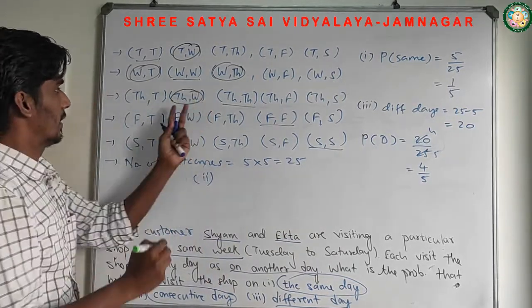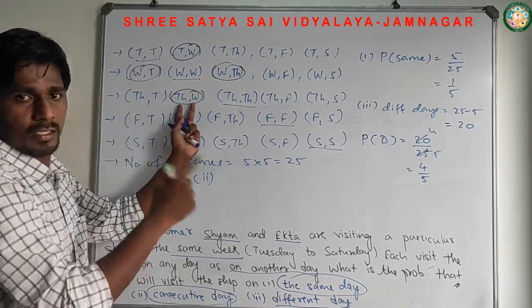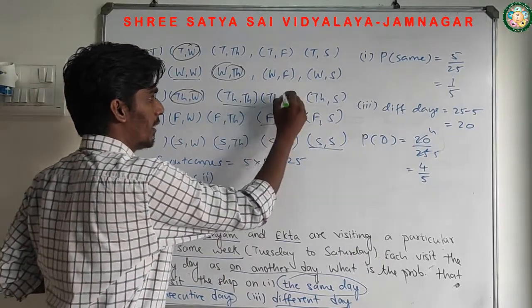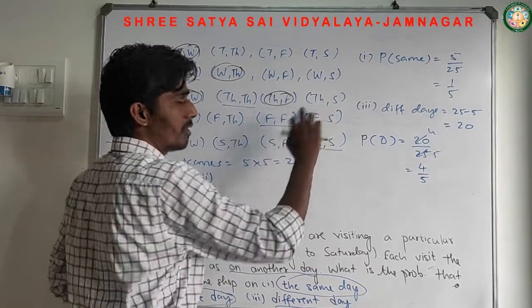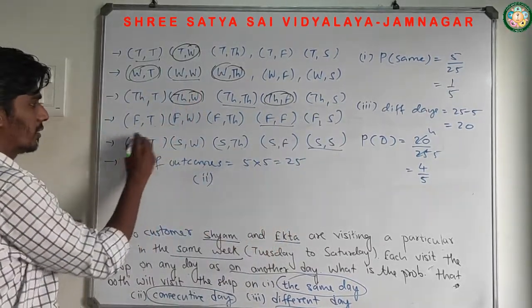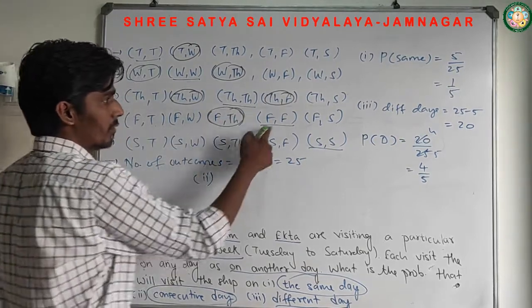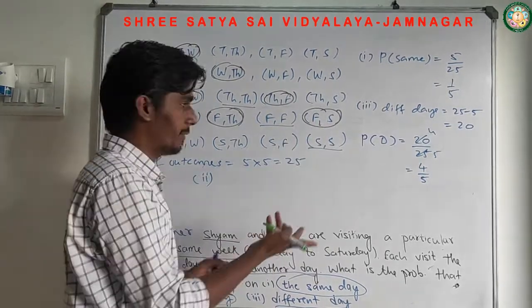No. Thursday, Wednesday, these two are consecutive days. One went on Thursday and one on Wednesday. Thursday, Thursday is not. Thursday, Friday, this will work. It should be consecutive days. Thursday, Saturday? No. Friday, Tuesday? Friday, Wednesday? Friday, Thursday? This one. Friday, Saturday. Friday and Saturday are consecutive days.